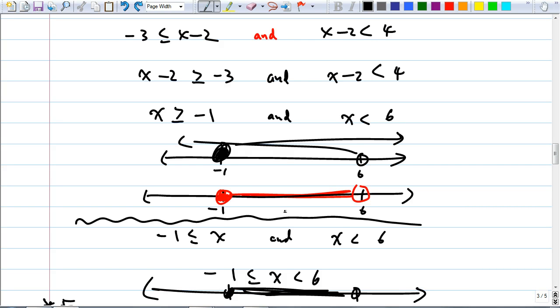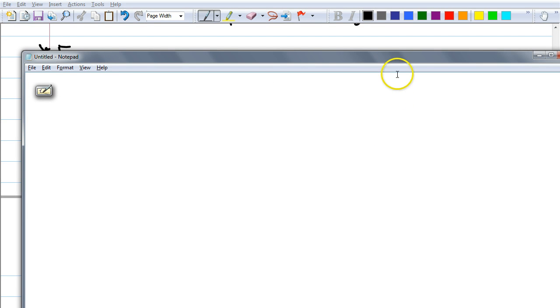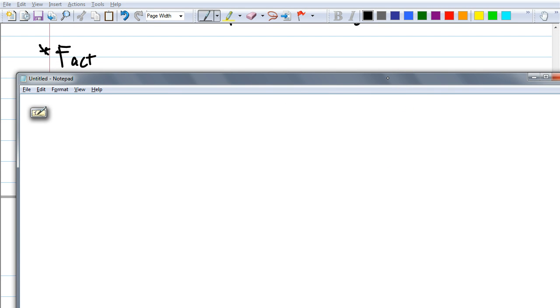All right. Okay, here are some facts you need to know, guys. Instead of calling these combined inequalities with "and" in the middle or combined inequalities with "or" in the middle, you see how it's kind of long? So we come up with names. Combined inequalities with "and" in the middle are called, anybody have any idea? No?